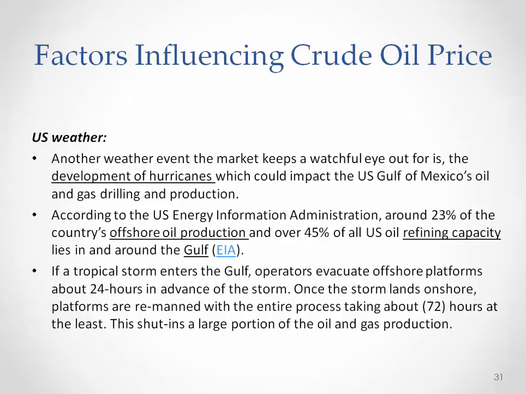So around 24 hours before the hurricane, the site, which is the production site or drilling site, has to be evacuated, and after the hurricane, it takes at least around 72 hours to reopen the facility and start production.